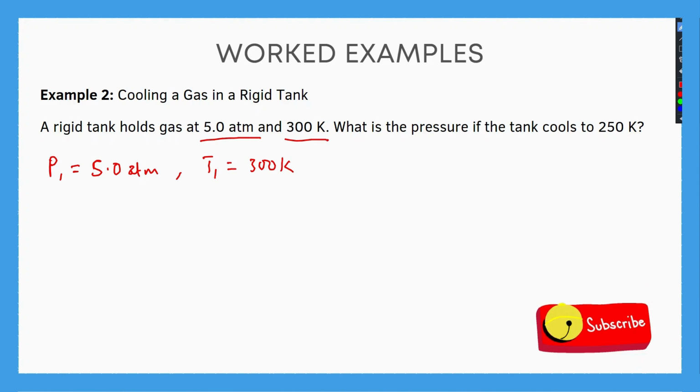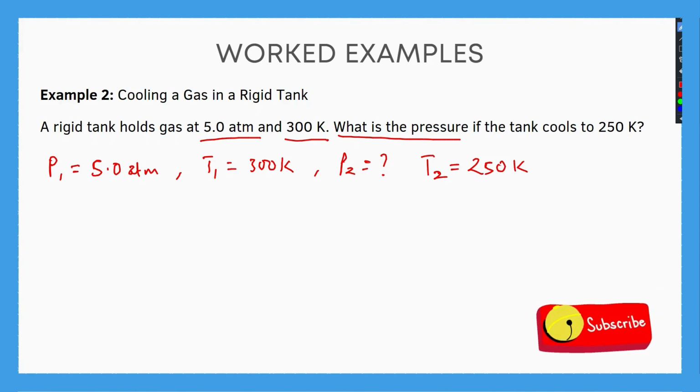Now, since they've given the temperature to us in Kelvin, means we do not need to undergo any conversion whatsoever because it's given to us in Kelvin. The question now says, what is the pressure? So P2 is what we're looking for in this case. It's unknown. If the tank cools to 250 degrees Kelvin. So T2 is 250 Kelvin.